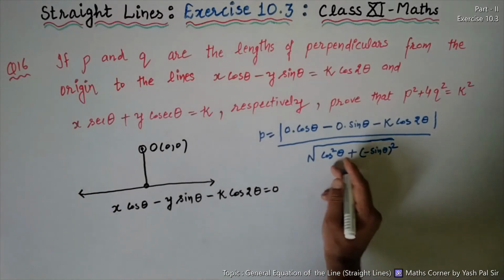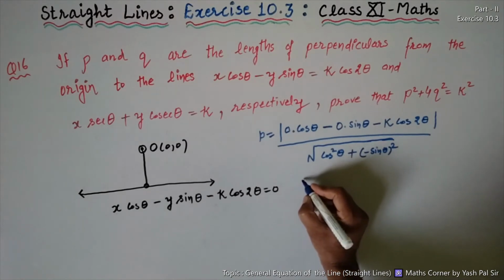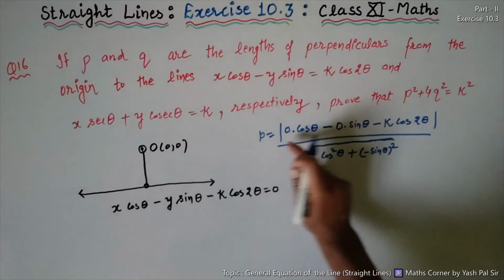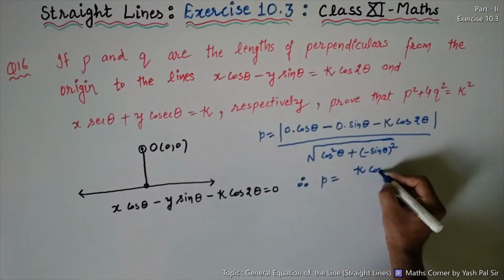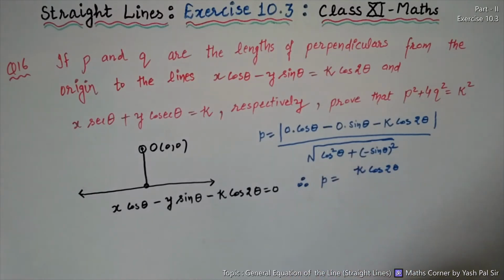So we can say the denominator is 1, since sine square theta plus cos square theta is 1. So we say p is equal to modulus of k times cos of 2 theta divided by 1, right?